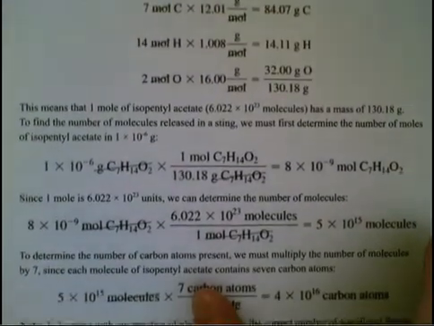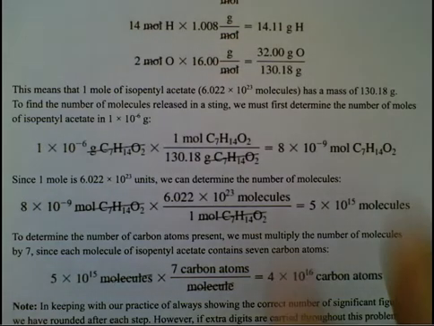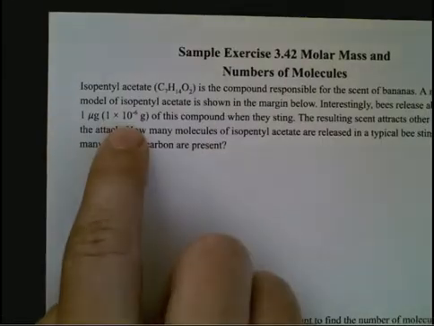To find the number of molecules released in a single sting, we must first determine the number of moles of isopentyl acetate in 1 times 10 to the negative 6 grams. Again, where are we getting that number from? From the question.